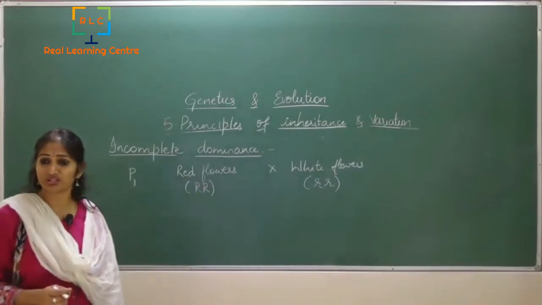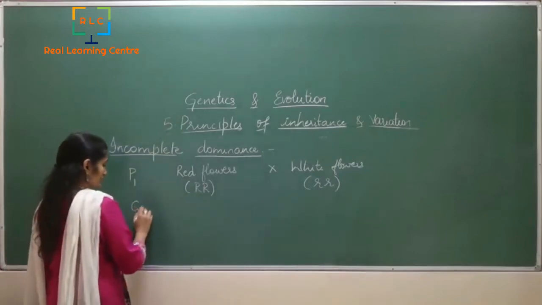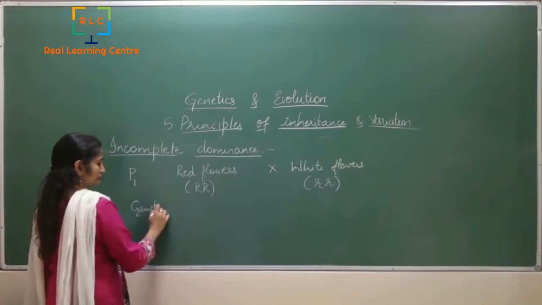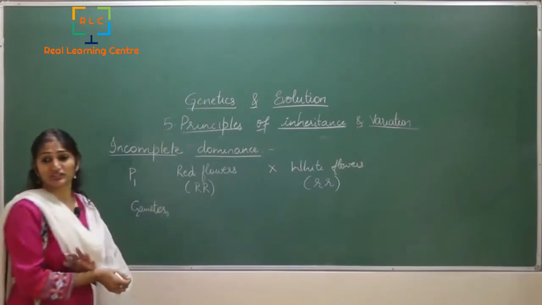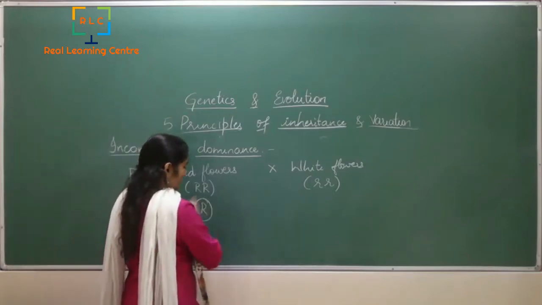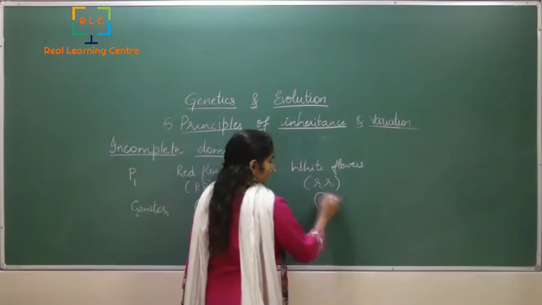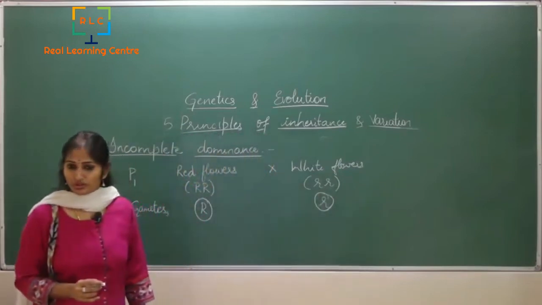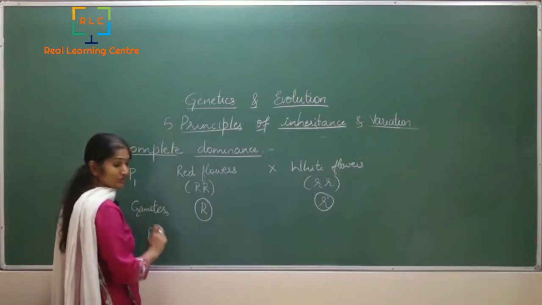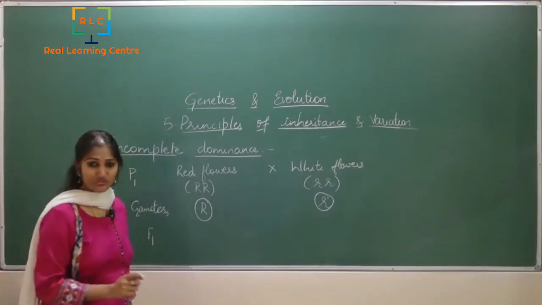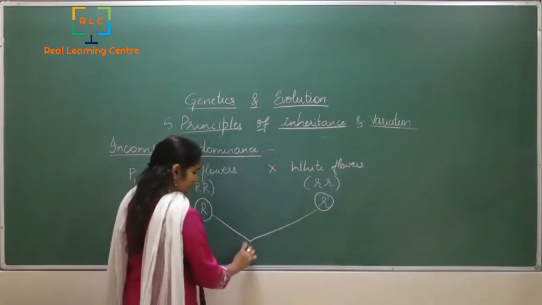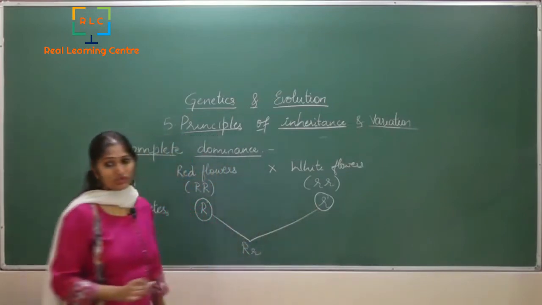Now let us see what these gametes are. So the gametes here would be one type of gametes with capital R, the other one with small r, and in the case of the F1 generation, you see that there would be capital R and small r.